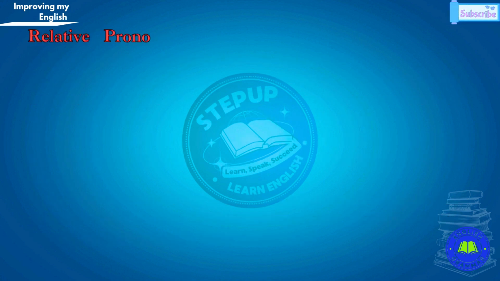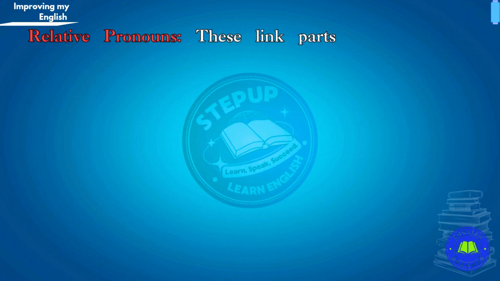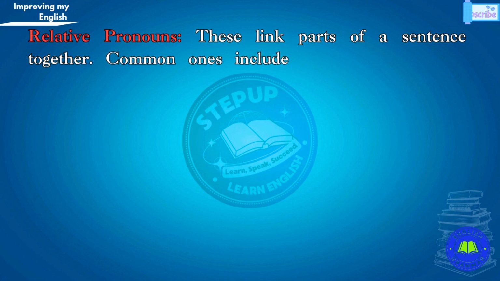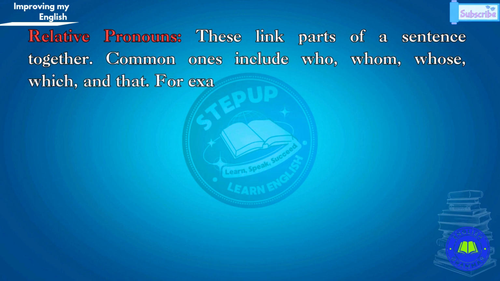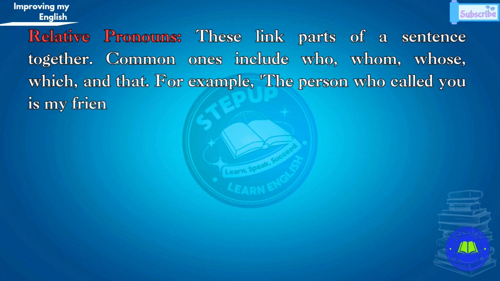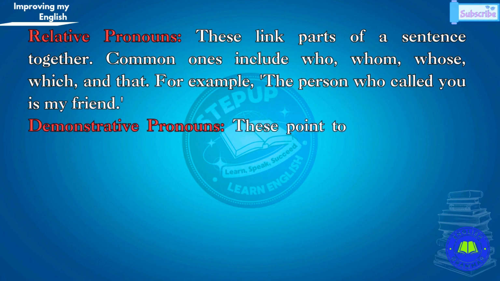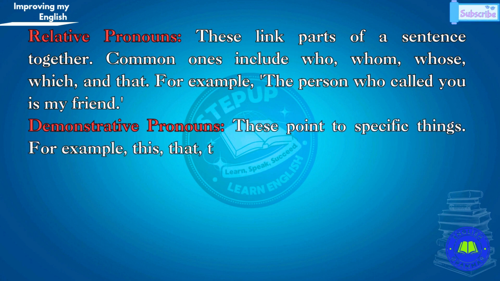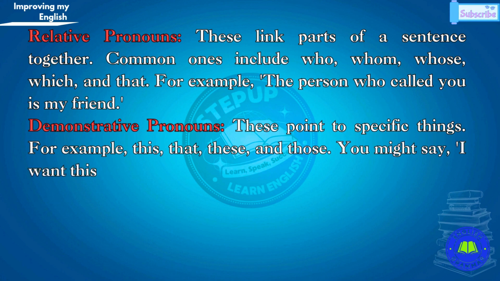Relative pronouns. These link parts of a sentence together. Common ones include who, whom, whose, which, and that. For example, the person who called you is my friend. Demonstrative pronouns. These point to specific things. For example, this, that, these, and those. You might say, I want this book, not that one.